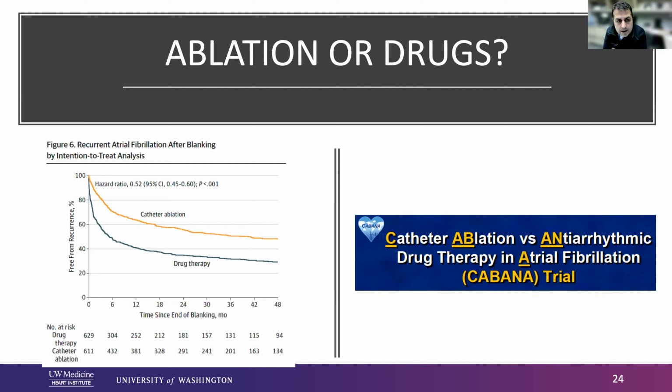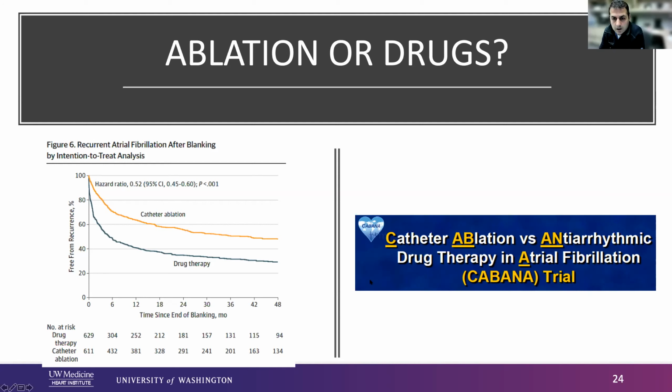But the message has been the same: if you look at the yellow line here, which corresponds to the patients that got catheter ablation, and if you look at the dark blue line, which is patients who received antiarrhythmic drug therapy, the freedom from atrial fibrillation recurrence was significantly better in those patients who actually got treated with ablation compared to those who got treated with medications.